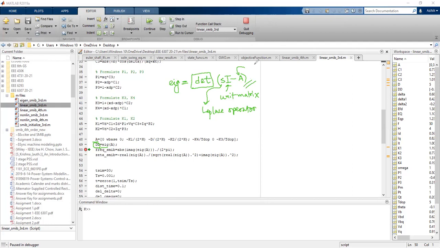This means you are actually looking for the roots. So the determinant of SI minus A should be equated to 0, and then you solve for S. These are the roots of your characteristic polynomial.